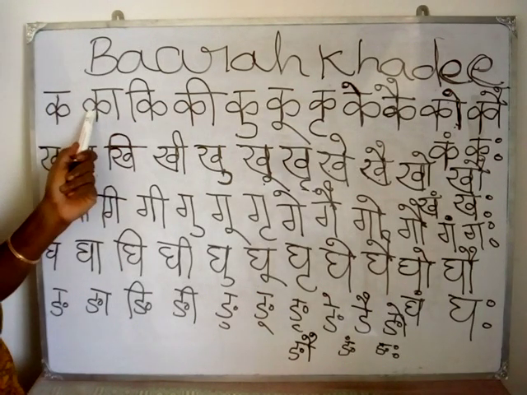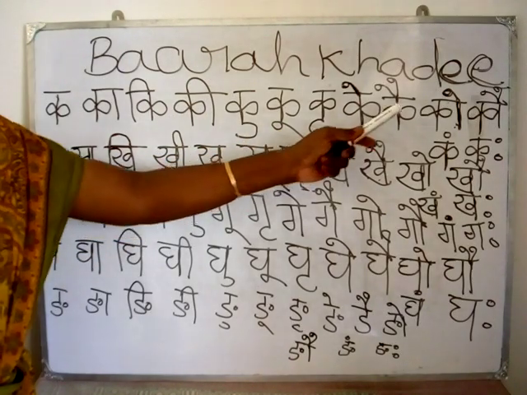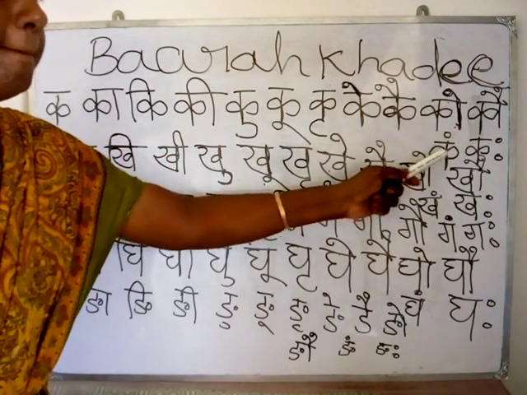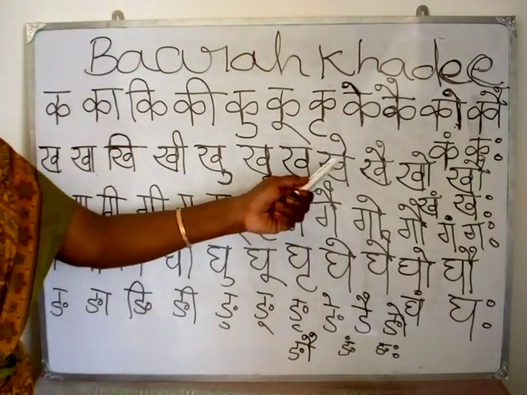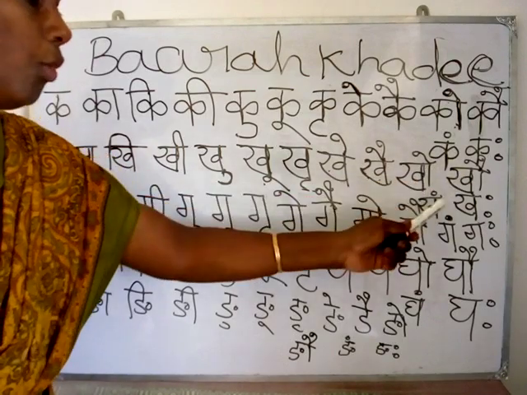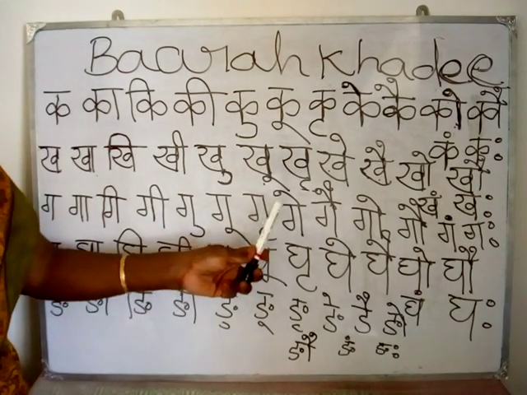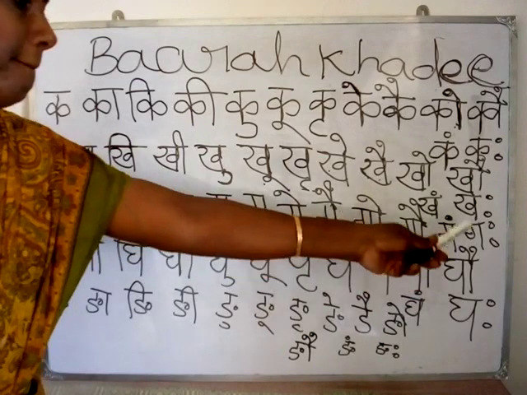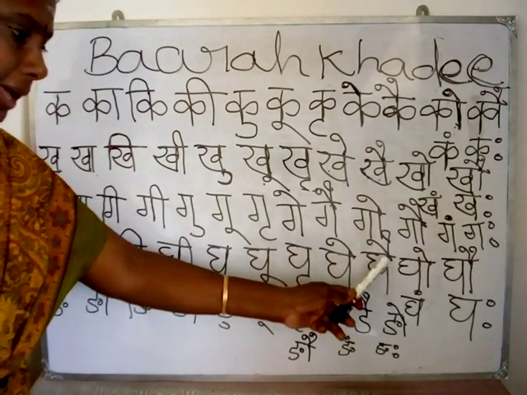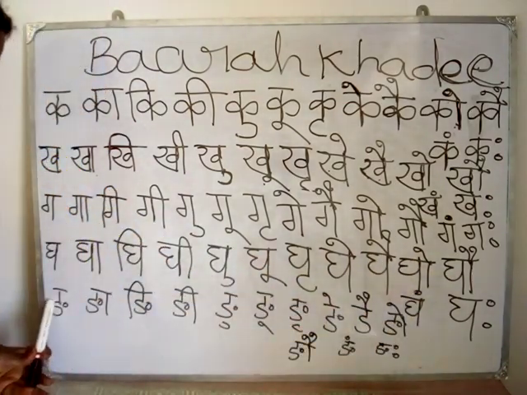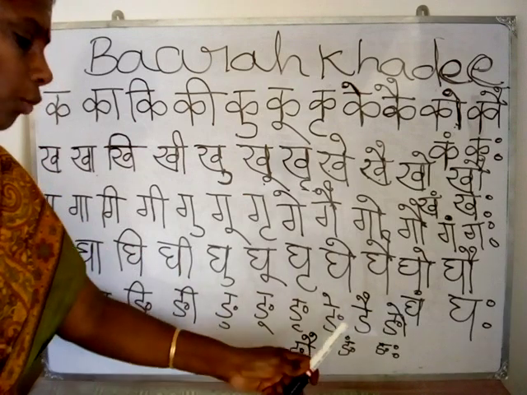Say ka, ki, ku, kr, ke, kai, ko, kau, kam, kaha, ga, gi, gu, gru, ge, gai, go, gau, gam, gaha, nga, ngi, ngu, ngru, nge, ngai, ngo, ngau, ngam, ngaha.